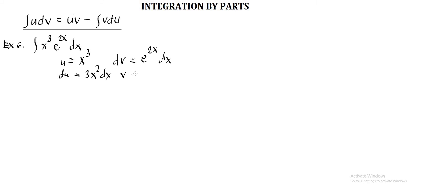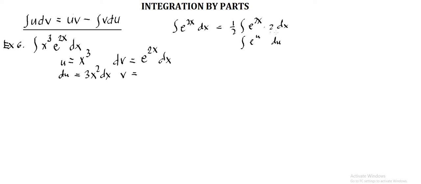Integral of dv equals v, and integral of e to the 2x dx, no? So equal ito sa 1/2 integral of e to the 2x times 2 dx, no? So parang i-apply natin dito yung integral of e to the u du.